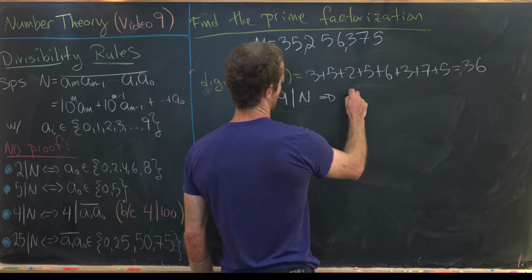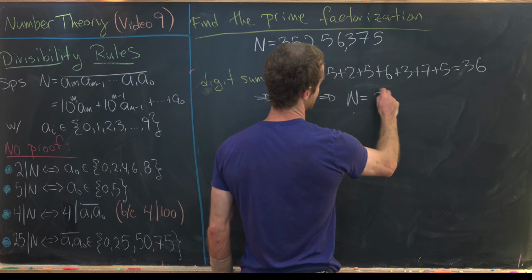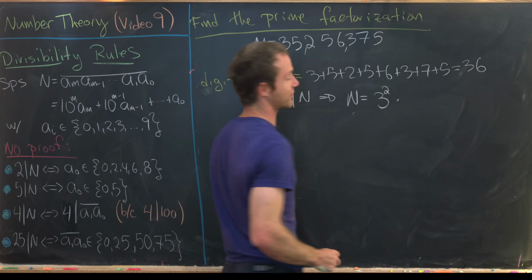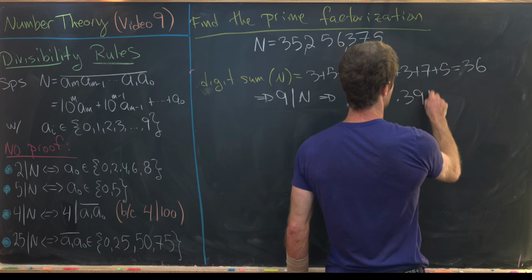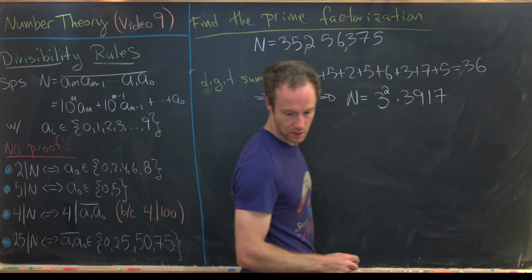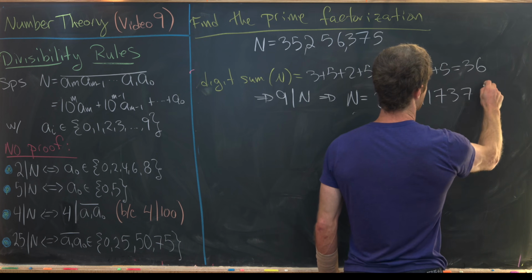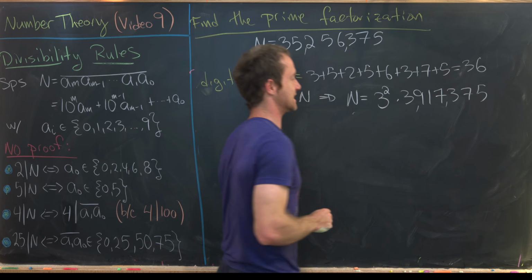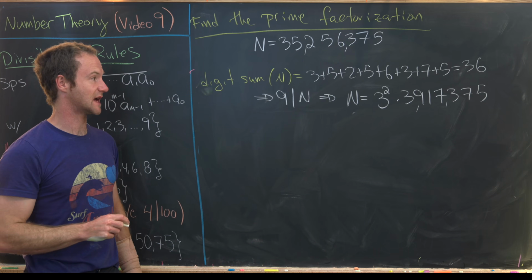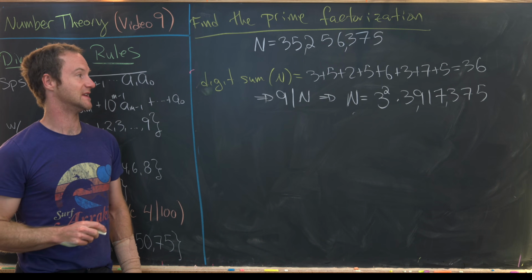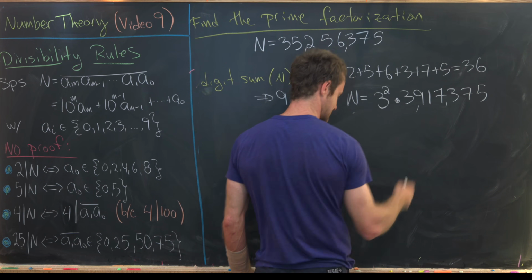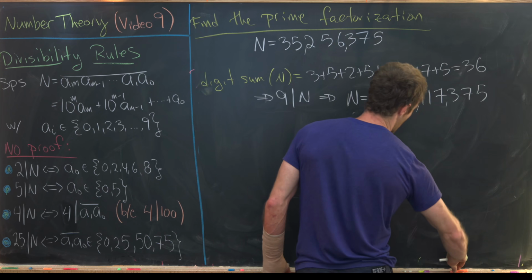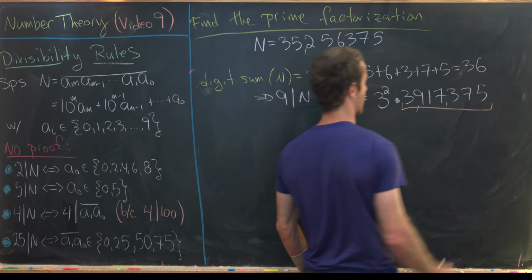So that'll tell us that n is equal to 9, which I'll write as 3 squared times 3,917,375. Now we want to check, is this thing that's left over also divisible by 3 or 9?